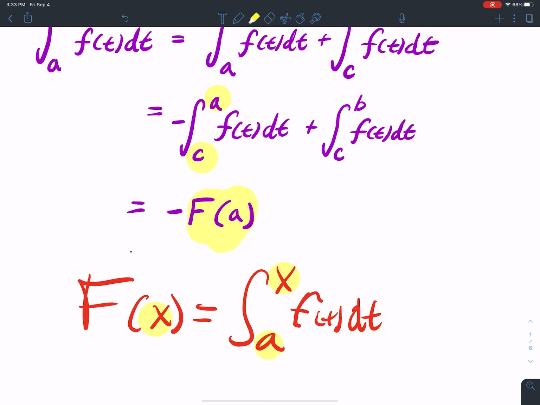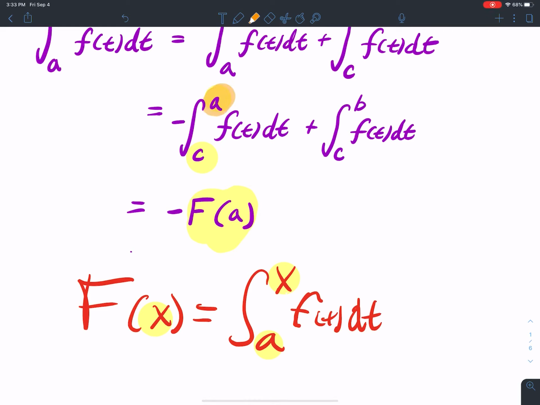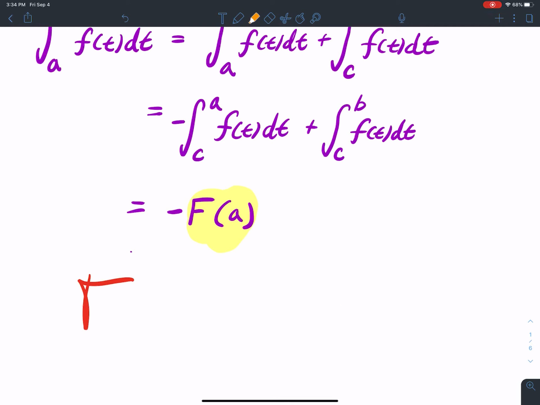So I'm going to plug an a into my function right there. And so whatever's in that upper limit, that's what goes in here, right? That's why I switched the bounds. And then whatever went in here, that's what went in there from our definition, right? So what does that tell me? That tells me that this is defined as this right here, and then I just carry the negative down, okay?